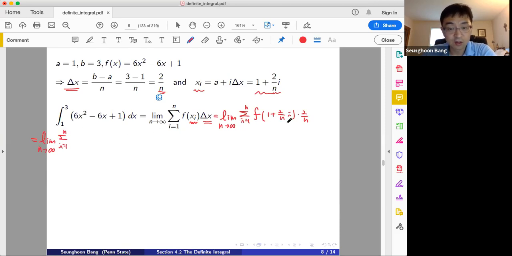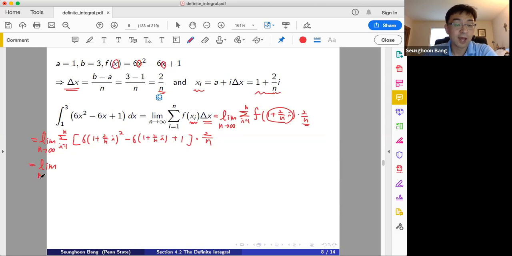You can plug 1 plus 2 over n i into the x. So we have 6 times (1 plus 2 over n i) squared, negative 6 times (1 plus 2 over n i), plus 1, times the remaining term 2 over n. So we have it.